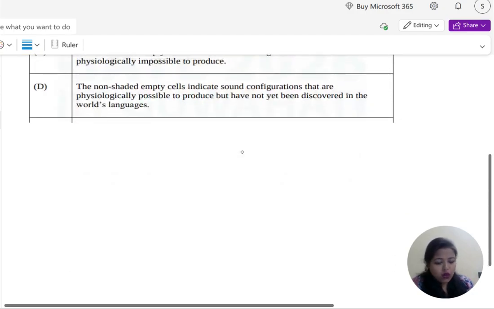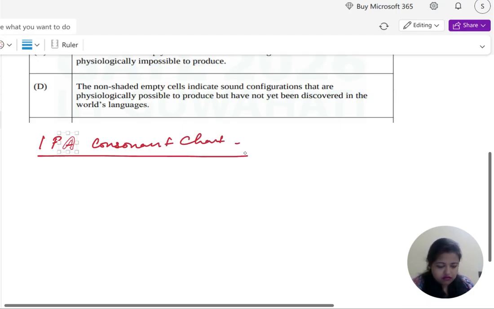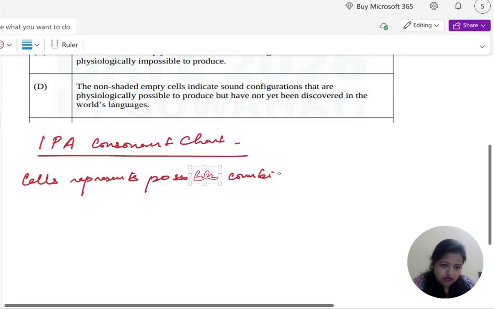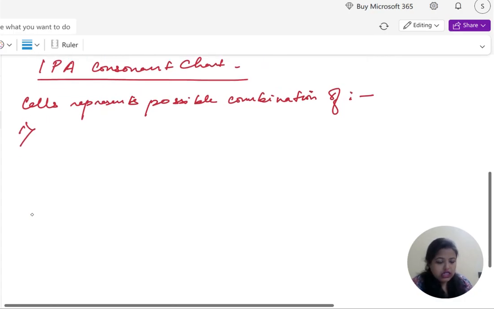Let's talk about the IPA consonant chart. Cells represent possible combinations of what? First of all, remember this: number 1, place of articulation, that's very important.